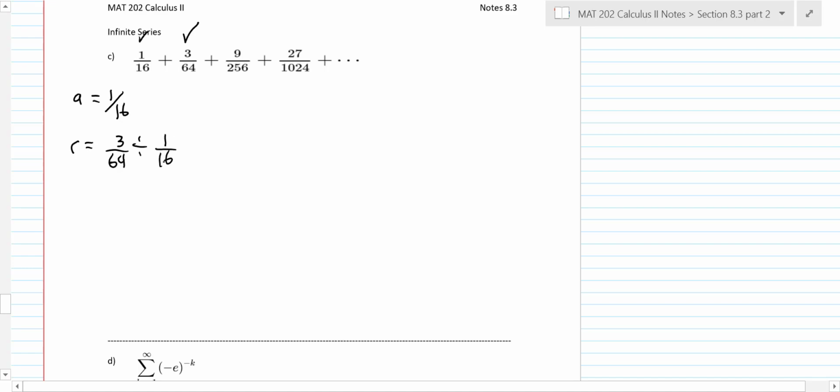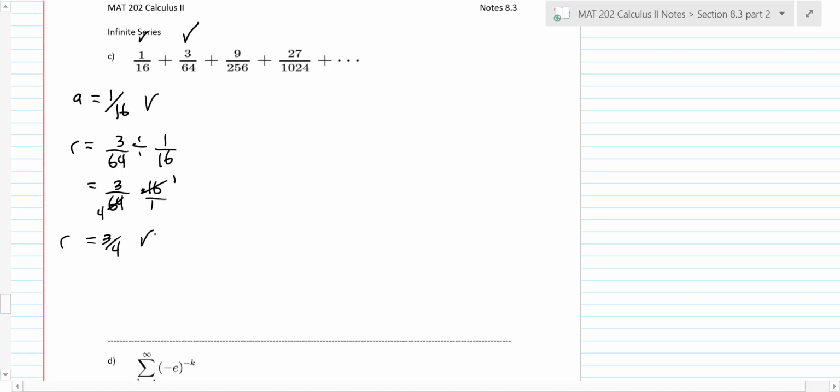You probably need to verify that. Once you figure out what R is, make sure that this is a geometric series before you go on and apply your formula. So that's going to be 3 over 64 times 16 over 1. That will cross out to 1/4. So that means that we have R is 3/4 and we have A is 1/16.